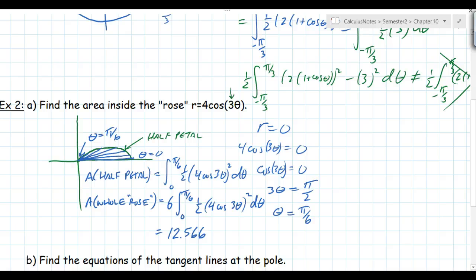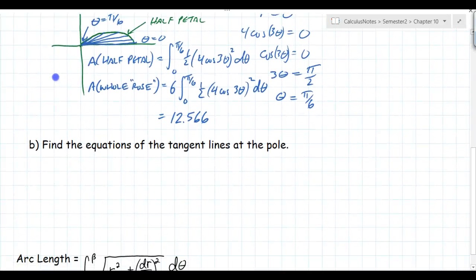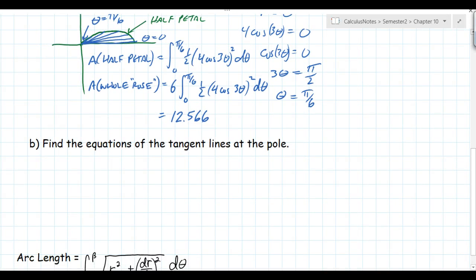So I got 12.566. Any questions? Okay, next.